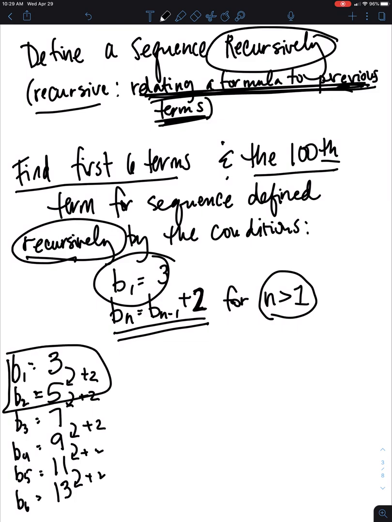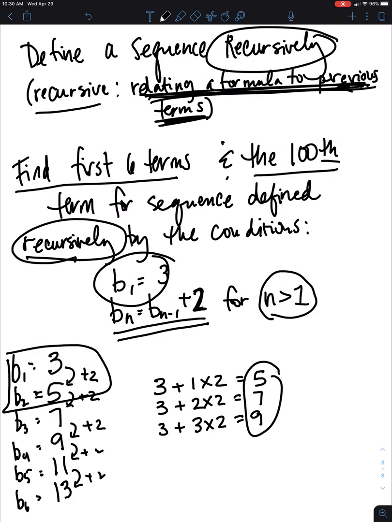This would be 3 plus 1 times 2, which would be 5. And the next one would be 3 plus 2 times 2, which would be 7. And this one would be 3 plus 3 times 2, so 6 plus 3 is 9. Do you see how I'm relating these?